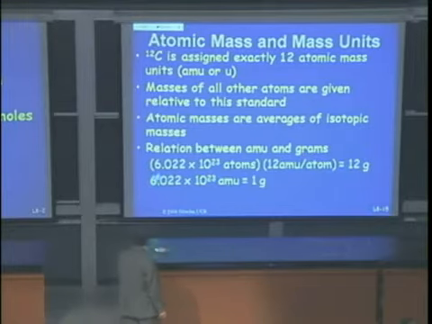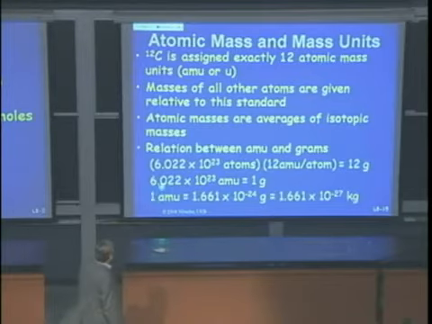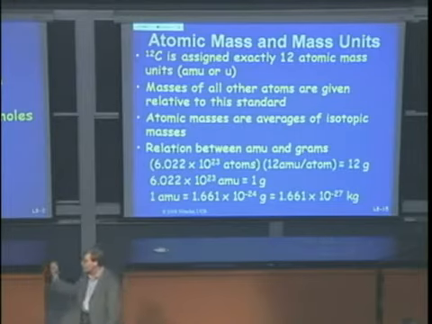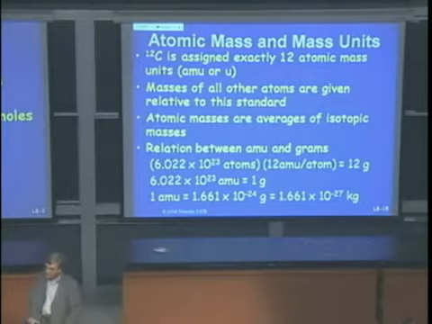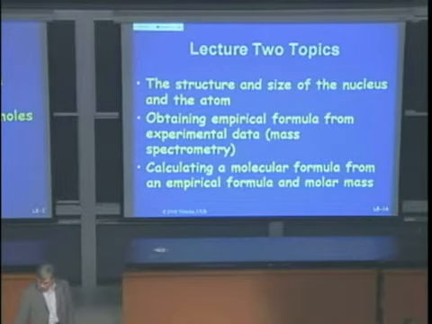So with this, this would be 1 gram, and 1 AMU is 1.66 times 10 to minus 27 kilograms. It's a very small number. That's why we call it an AMU, a U. You don't want to always write 1.66 times 10 to minus 27 kilograms. All right?